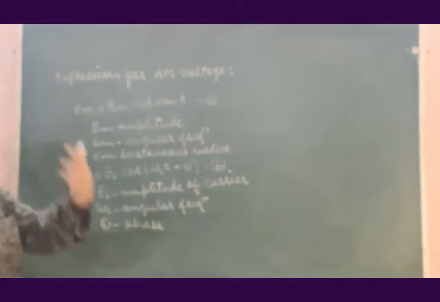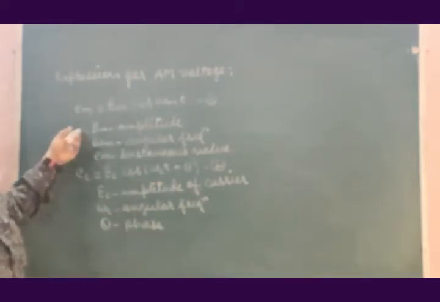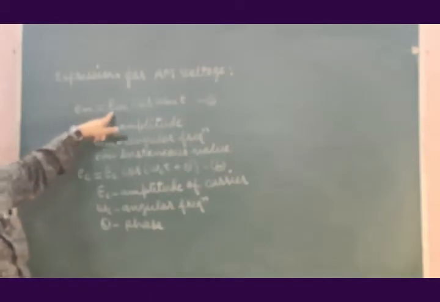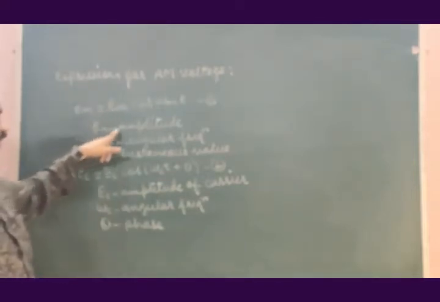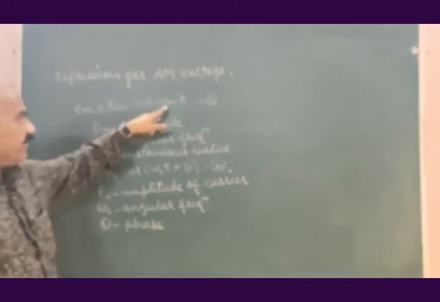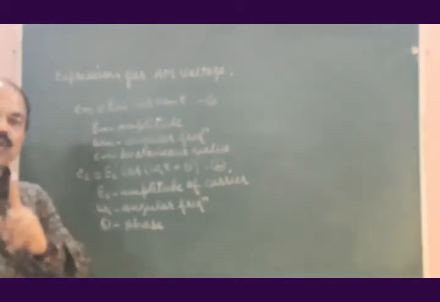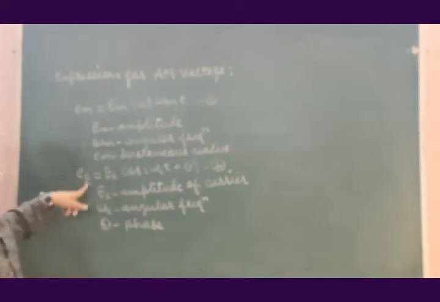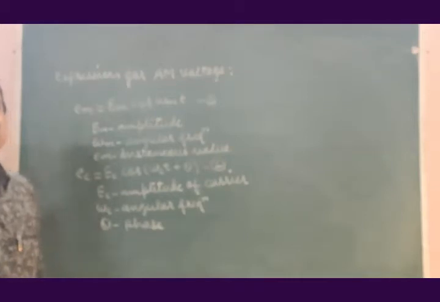phase of carrier voltage. Modulating voltage is given by Em is equal to capital Em cos omega mt, equation number 1. Capital Em is amplitude of modulating voltage. M, these subscripts are used for modulating voltage. C, these subscripts are used for carrier voltage.